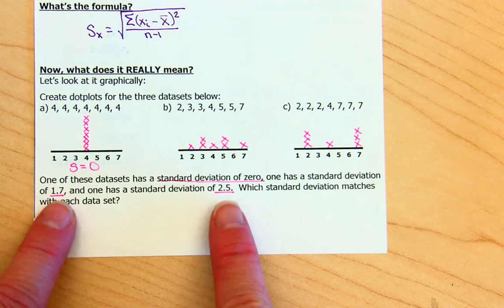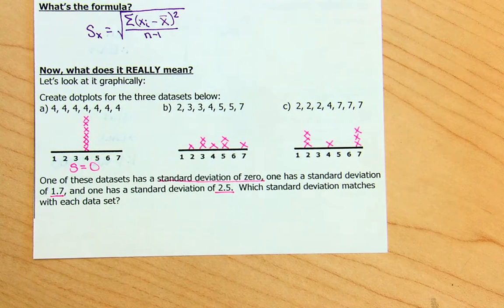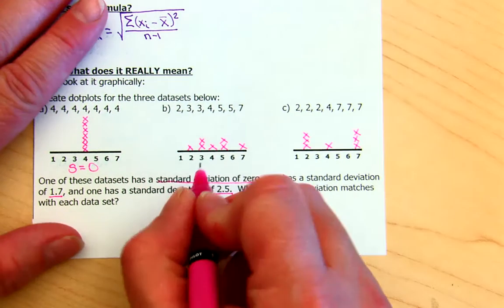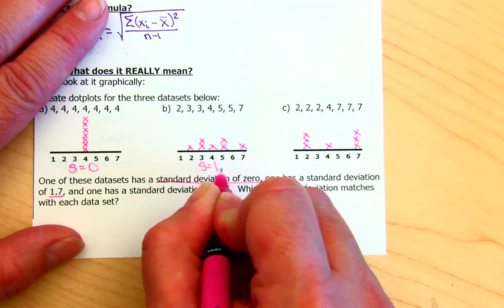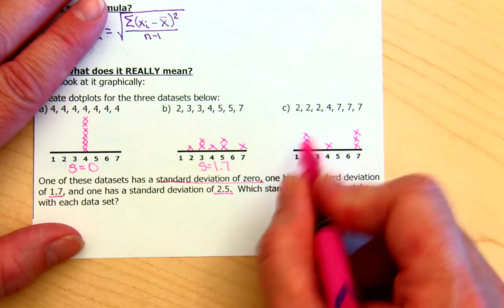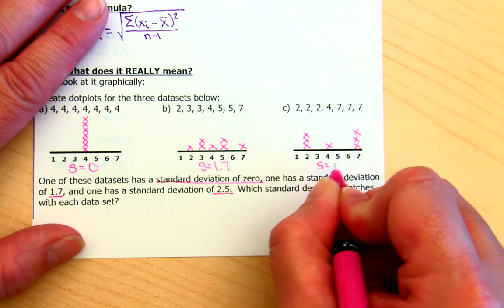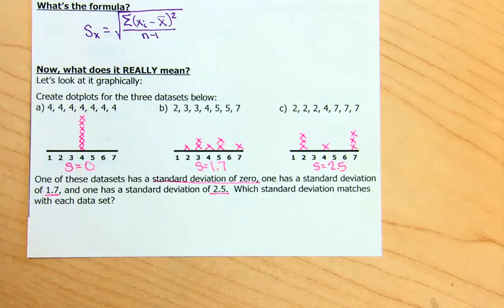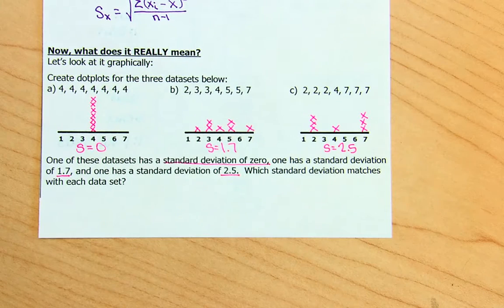So between 1.7 and 2.5, which one do we think is B? There we go. So here s equals 1.7. So that means this one had the biggest standard deviation of 2.5. So you're looking at how spread out it is. The more spread out, or the more values that are far away from the mean, the larger the standard deviation.